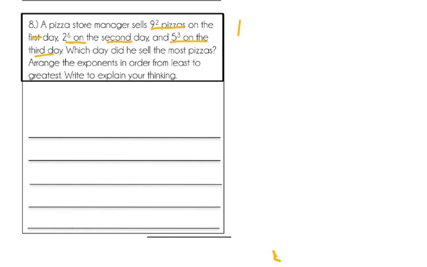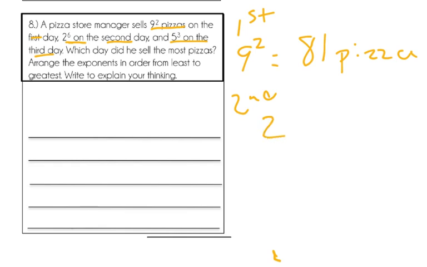So we have first day, 9 squared. I put that in my calculator, and I know that's 81 pizzas. Okay, the 2nd day, he does 2 to the 6th. Well, that's 64 pizzas. Okay.